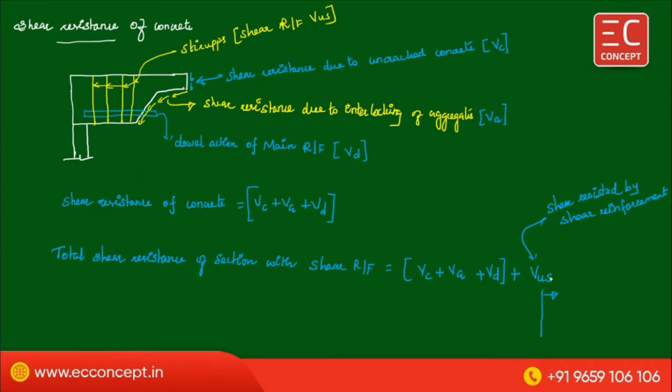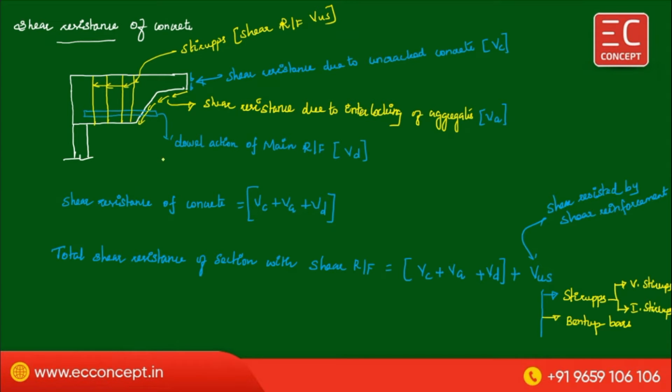Now this VUS can be provided in the form of either stirrups or bent up bars. There are two types of stirrups. One is the vertical stirrups, then inclined stirrups.